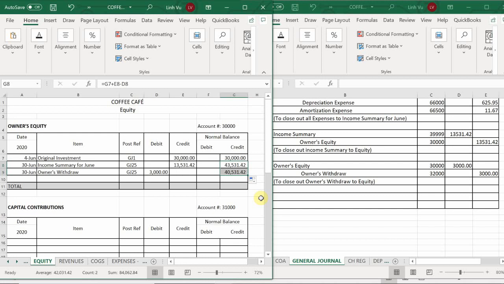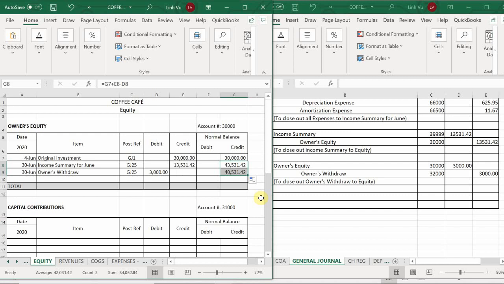Now everything is starting to become very nice and neat. Everything's making sense. Everything is coming together, right? We have a lot of reference points making sure that our accounting is accurate. We got the income statement to reflect in our income summary.